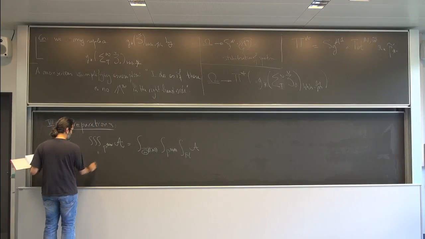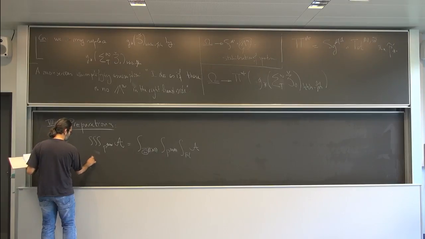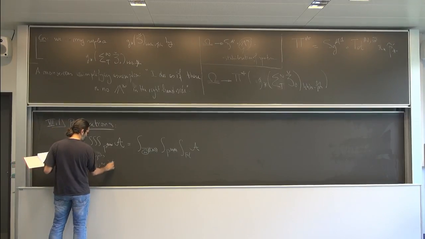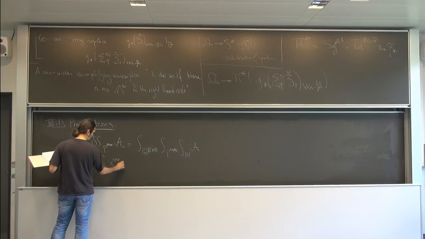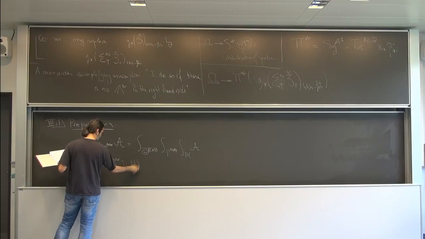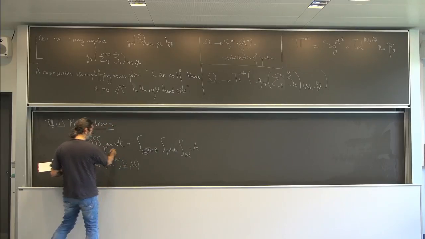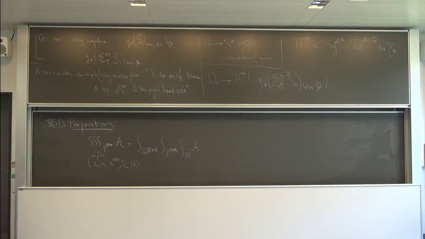So what are the objects here? The objects are 5-tuples. This is as before, and this U is in A of X star.